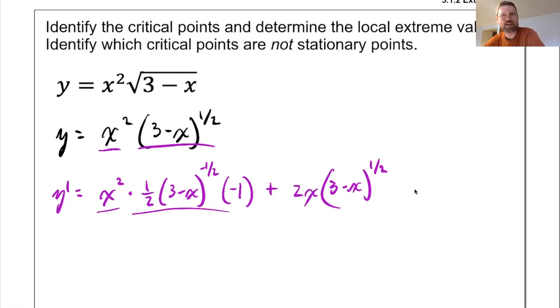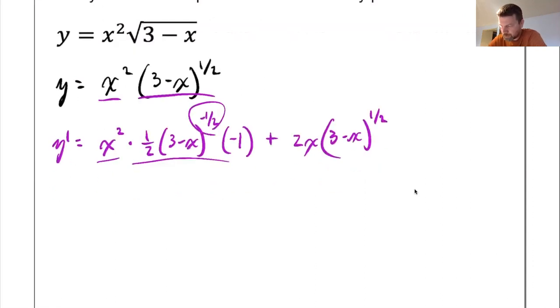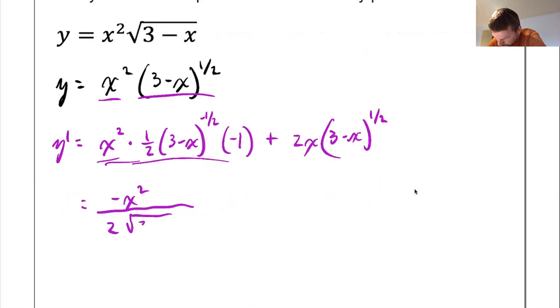However, once we start talking about algebra and where this is equal to 0 or undefined, it tends to be easier to rewrite it in that square root form or take care of these negative exponents. So let's simplify this thing a little bit. All right, that's going to be -x squared over 2 square root of 3 minus x plus 2x times the square root of 3 minus x.